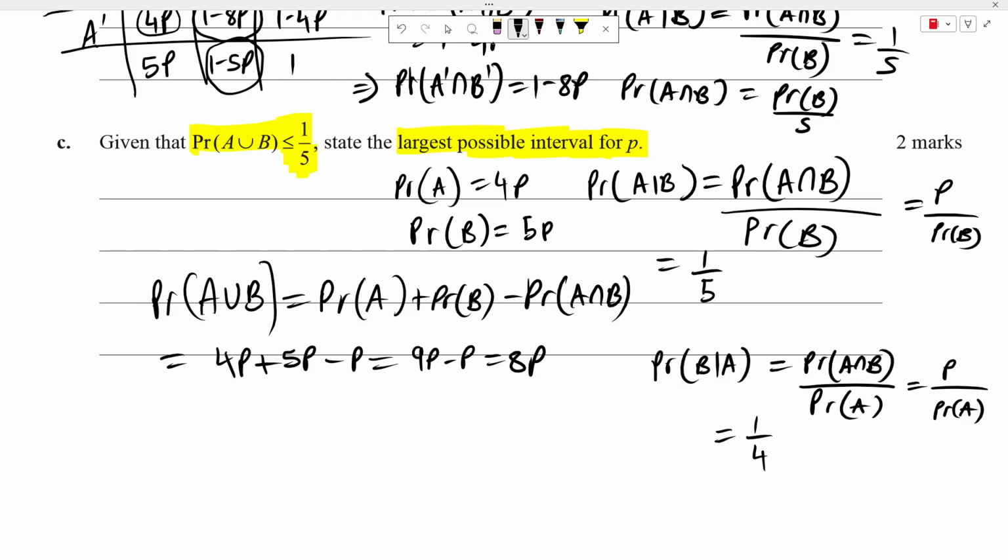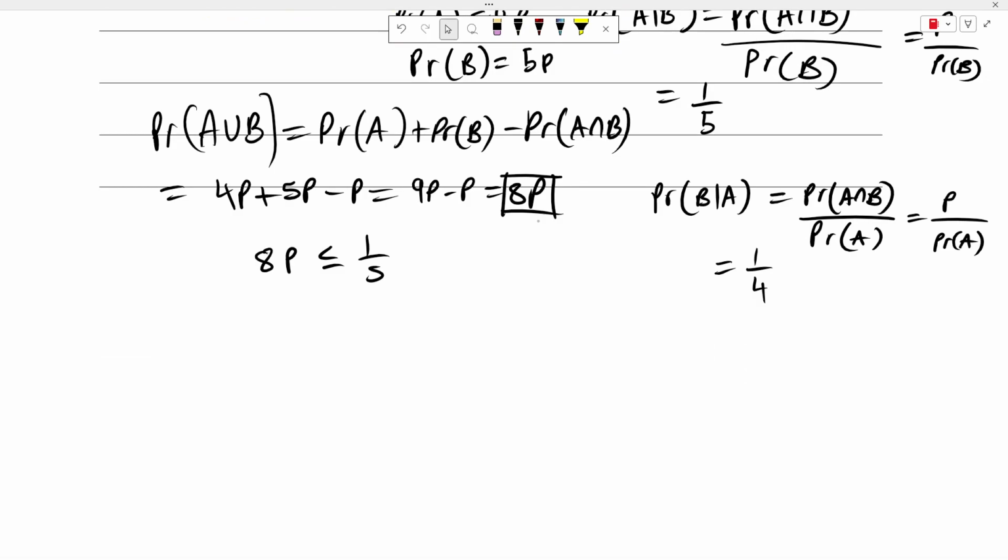Now this is the probability of A union B, and we need this to be less than or equal to 1 over 5. If I divide both sides by 8, which is a positive quantity, so it won't change the direction of the inequality, you'll get P has to be less than or equal to 1 over 40.